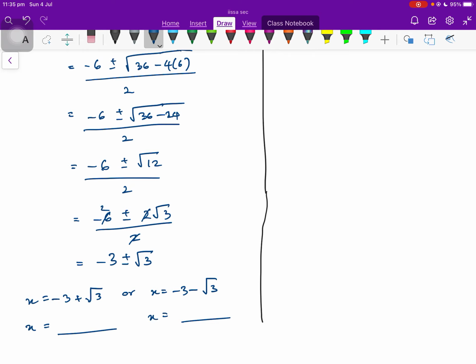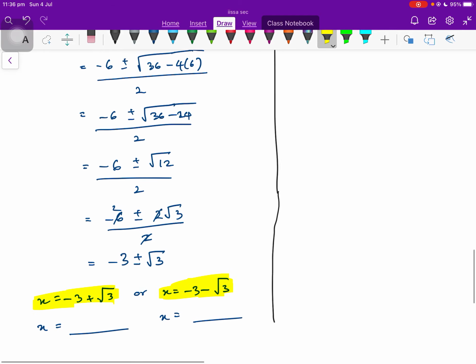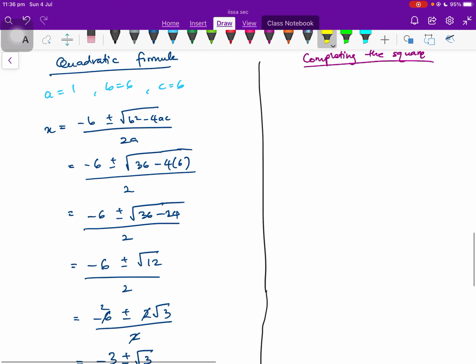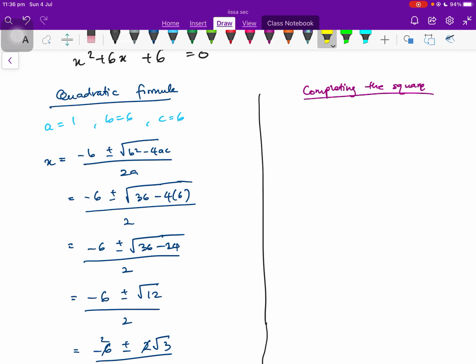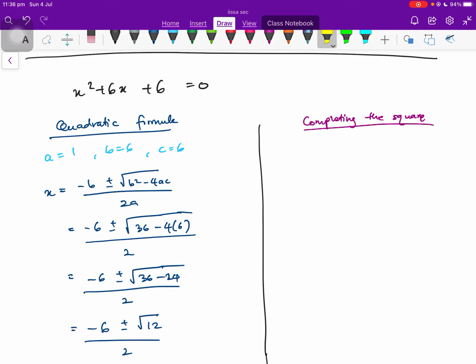So basically we will get an answer like this. This is by using the quadratic formula. Now what if we use the completing the square method? For this one I'll use x plus 3 squared as my base, because we know here this is 6. Why do I take 3? Because when you expand, we want this number to become the same.